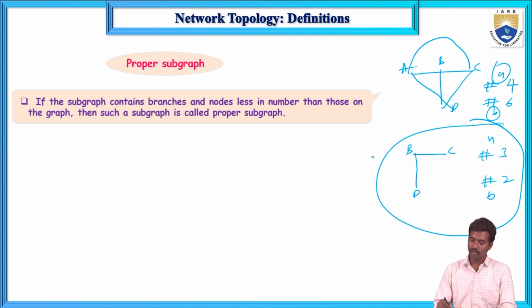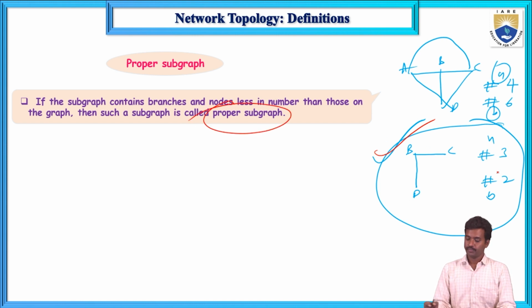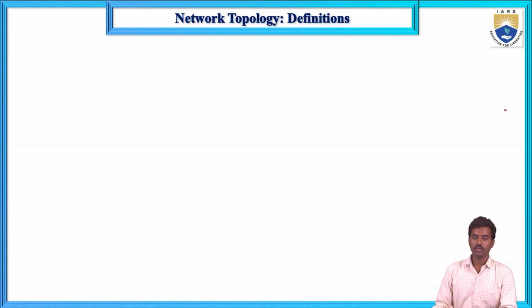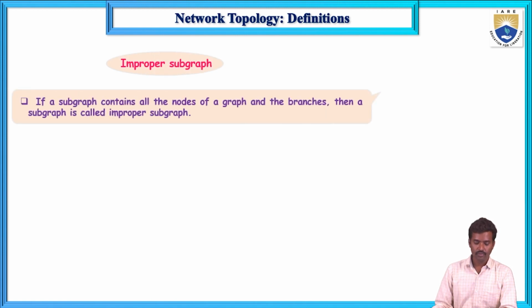Such types of graphs are known as proper subgraphs. If the number of branches and nodes equals those of the main graph, that is an improper subgraph. So an improper subgraph contains all nodes and all branches of the graph.